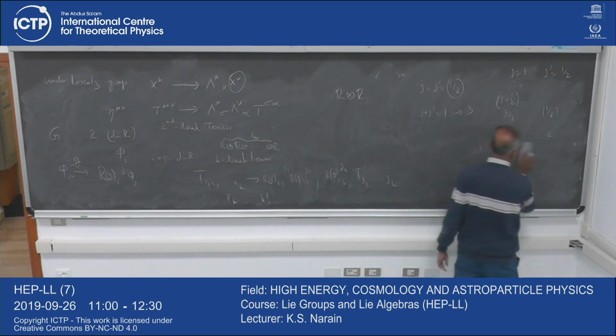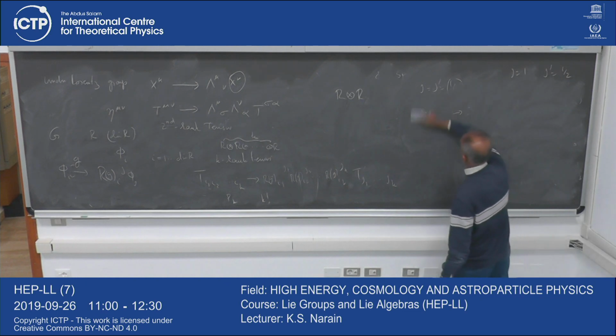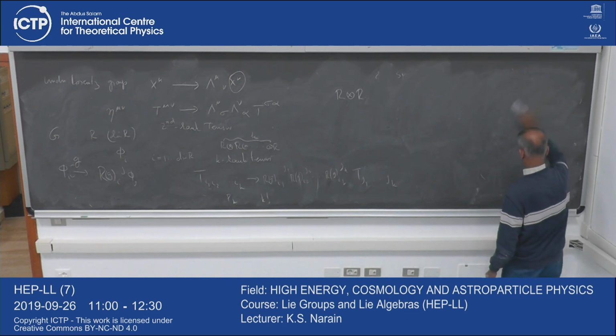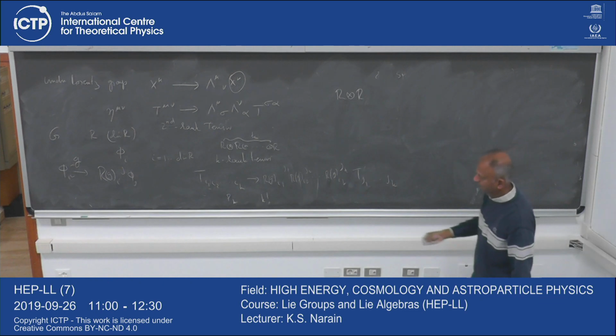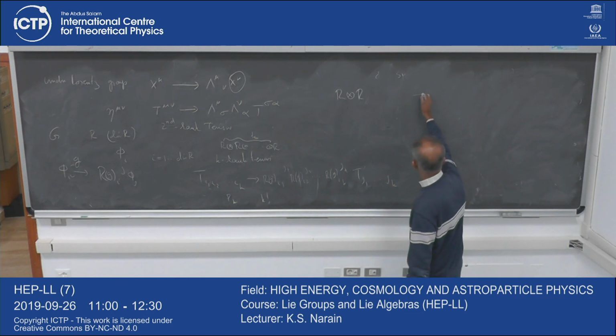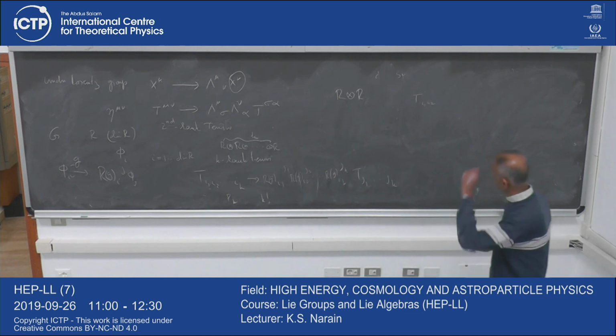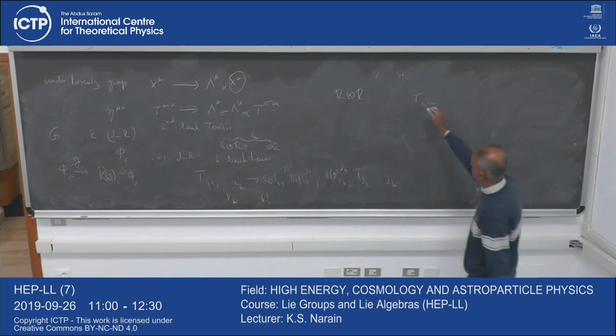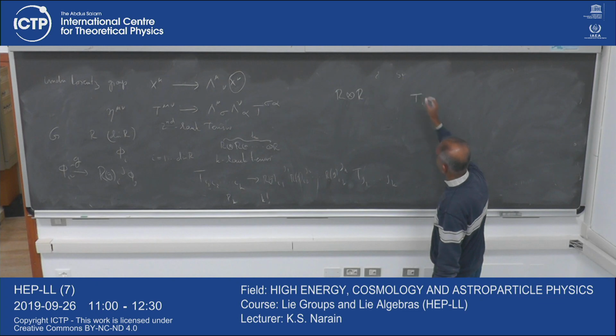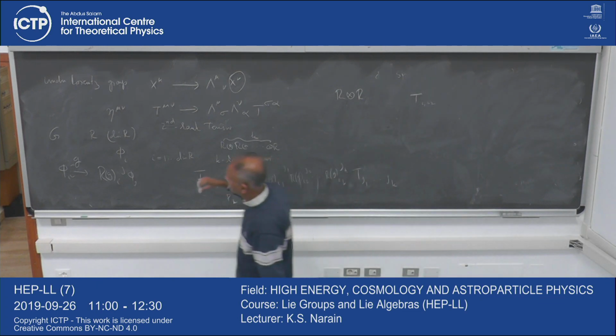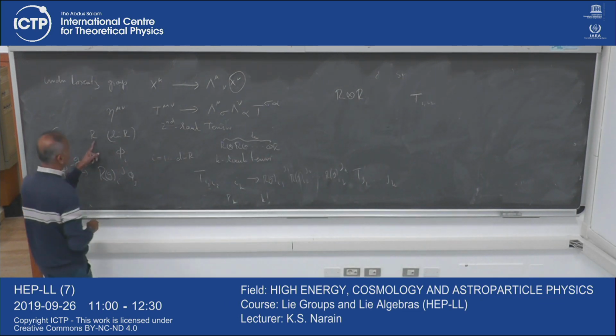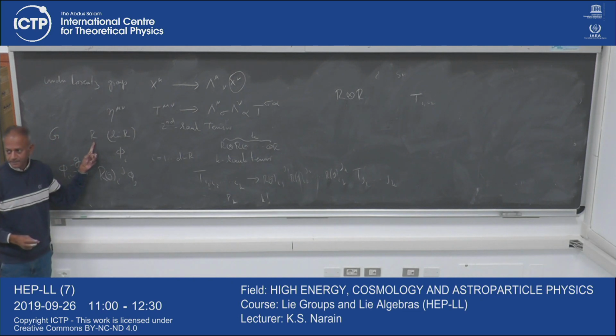So to see this, let us just take a second rank tensor. So I take the second rank tensor, T with indices I1 and I2. Let's consider this here. Further, let's simplify and take this representation R to be the fundamental representation.